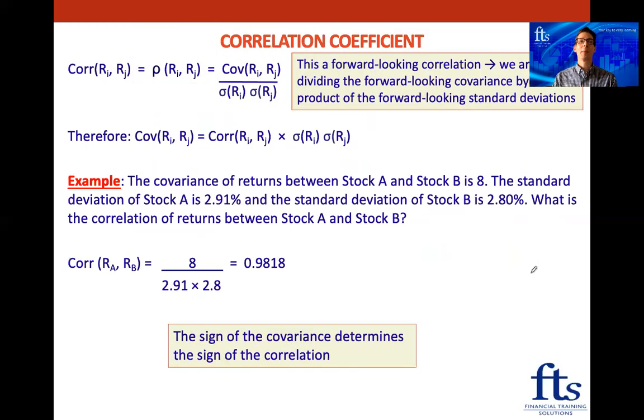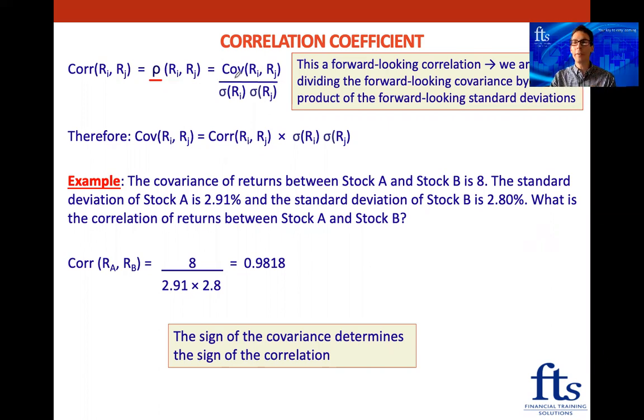Good. So now we come to the correlation coefficient, and this we have seen before. Remember, the correlation of the returns between asset I and asset J has this Greek letter called rho. Rho stands for correlation. How do we get it?